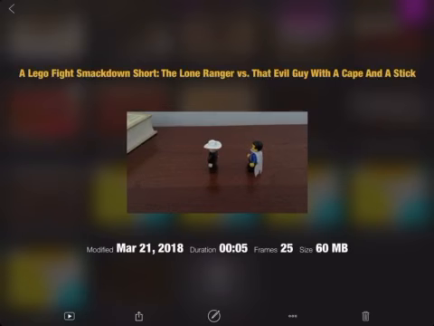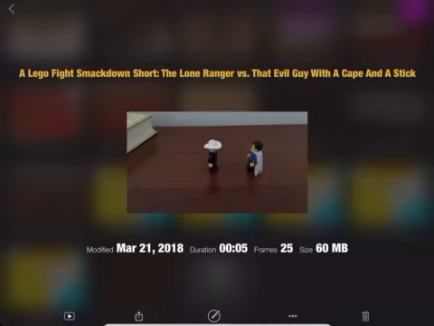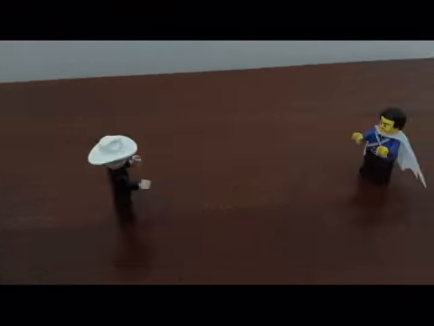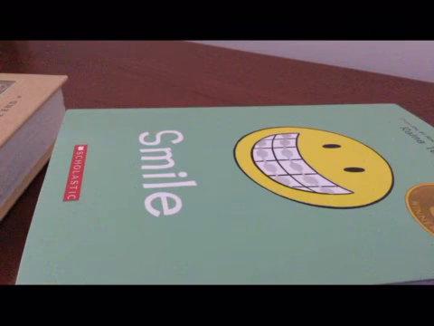A Lego Fight SmackDown short. The Lone Ranger versus that evil guy with a cape and a stick. That's his full name. Even though it's incorrect grammar, it should be and a stick. Or maybe it just should be and. I don't know. I wasn't really thinking of grammar when I made the guy's name.